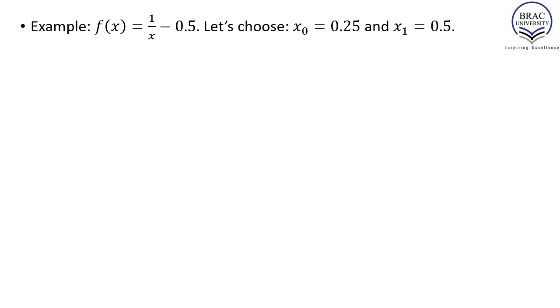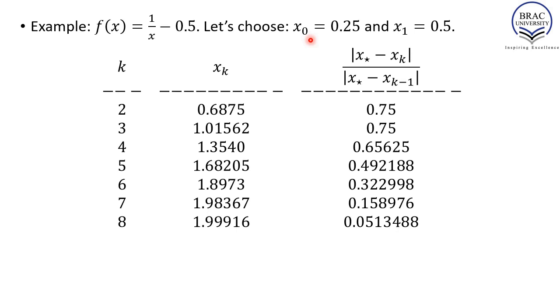It is the same example, and let's choose initial point x0 equal to 0.25 and x1 equal to 0.5. You can see that our first iteration point is not x1 but x2. Remember, we start with two initial points, x0 and x1. Now we compute x2 by the secant formula, and here is our x2, and that is the error.